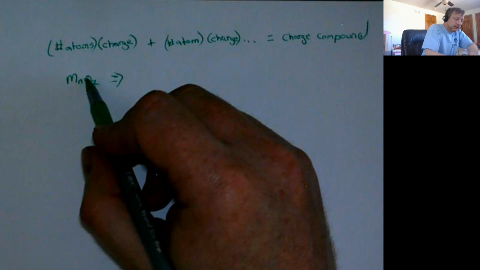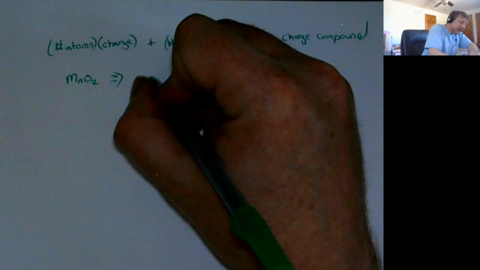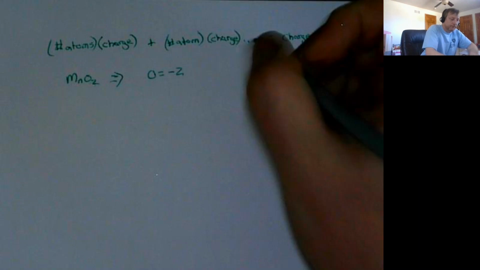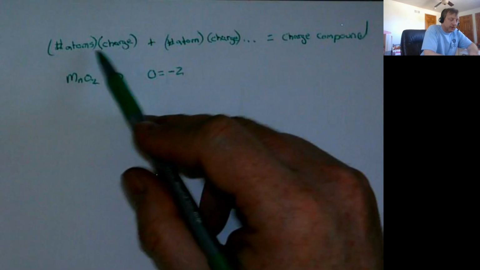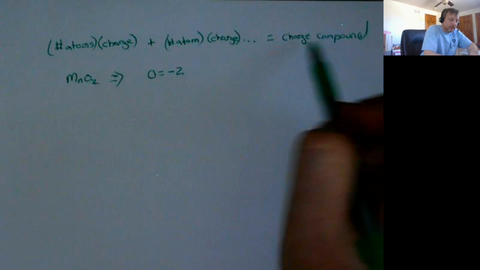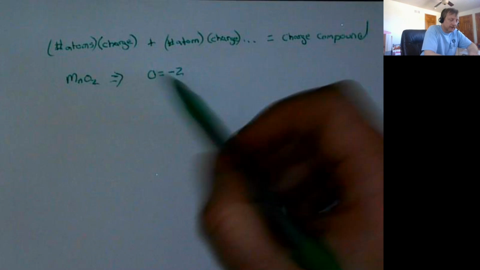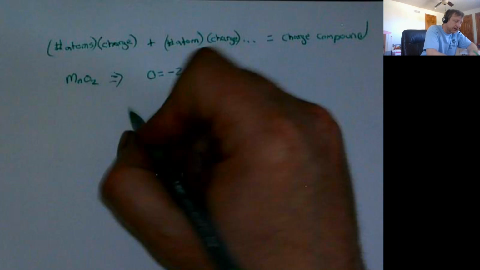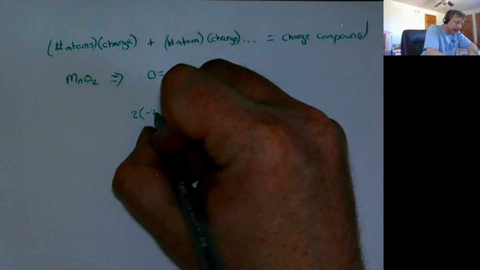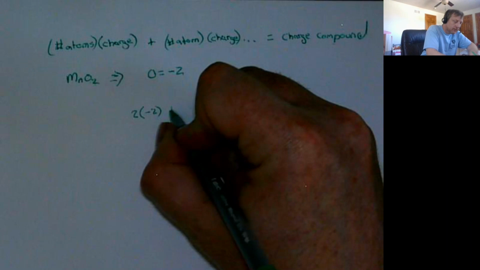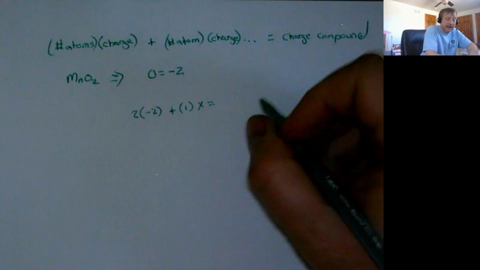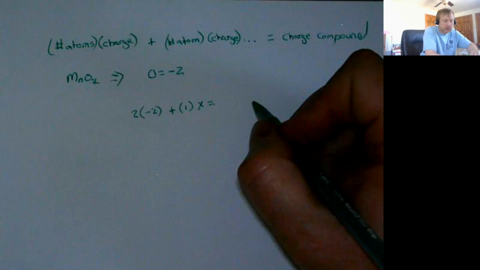So the oxidation number on the oxygen in this compound is -2. Now we're going to apply our formula, now that we've identified some information we can put in. Let's start with our oxygen. We have two atoms, each with a -2 charge. We have one manganese atom with an oxidation number that we don't know.